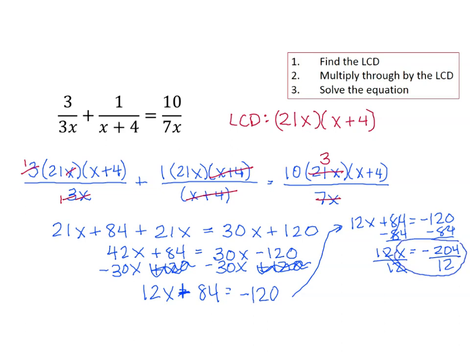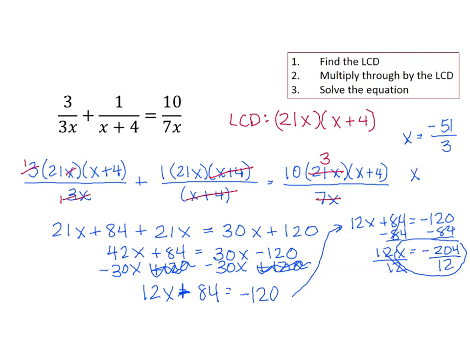Now, I can simplify that fraction. I can divide the top and bottom by 4. So if I divide the top by 4, I get negative 51. If I divide the bottom by 4, I get 3. And actually, these are divisible.